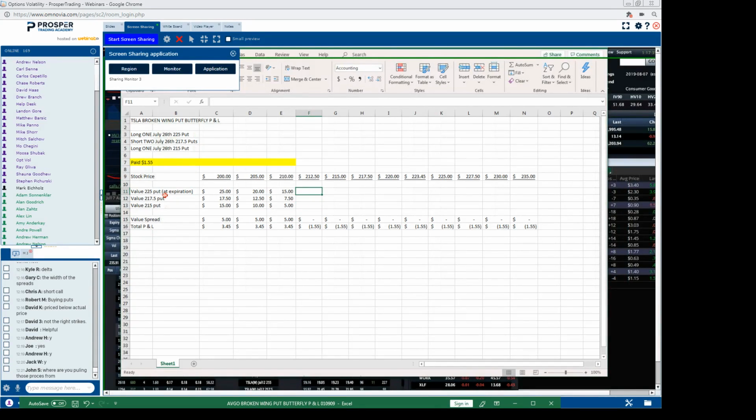Well, John, if the stock is trading 200, okay, and we have the 225 put at expiration, what is the value of that put? Remember, this is why we're measuring this at expiration. So we know the value. There's only intrinsic value, no premium, no extrinsic value. So this is all just intrinsic value. Okay?